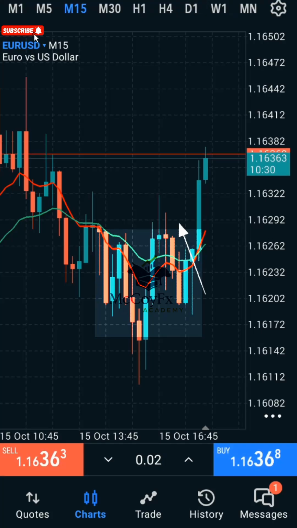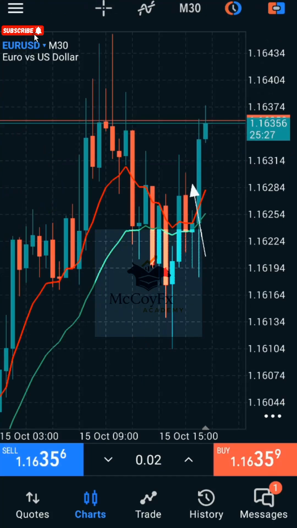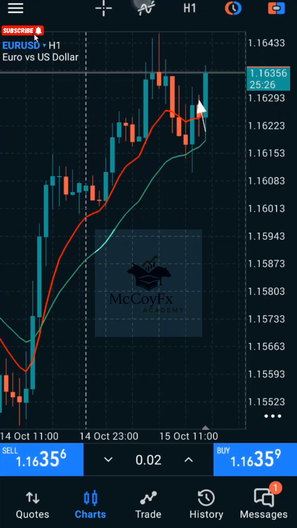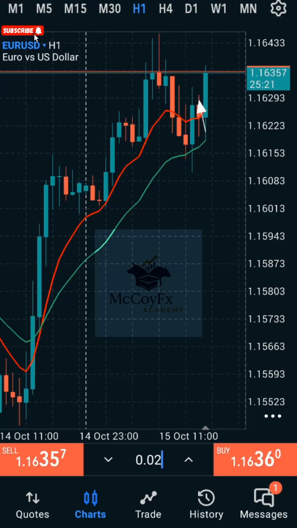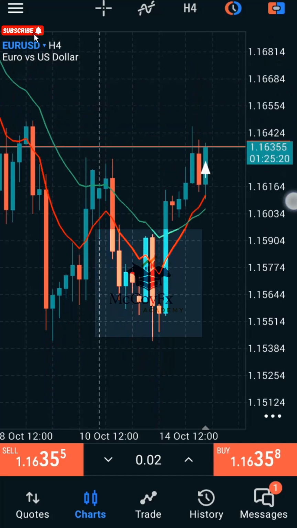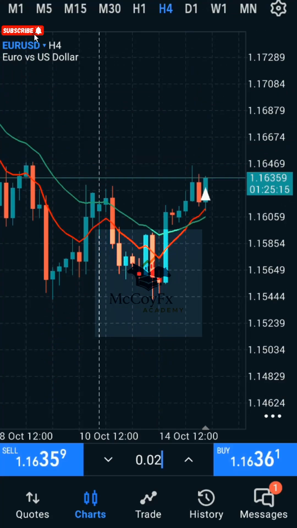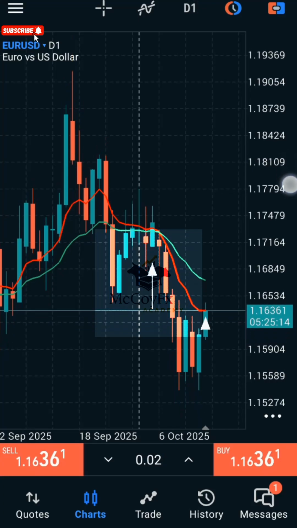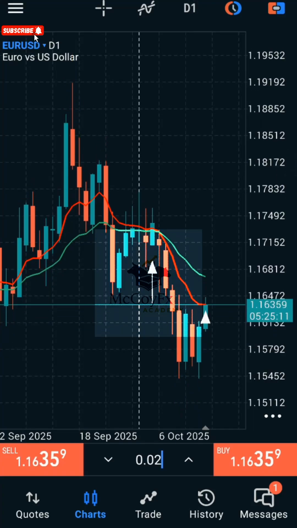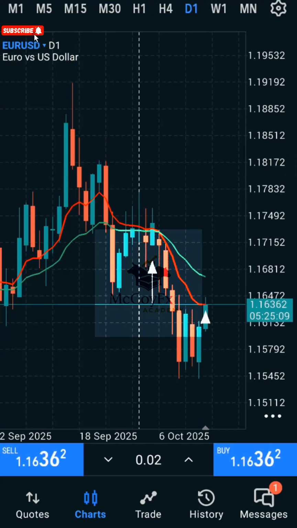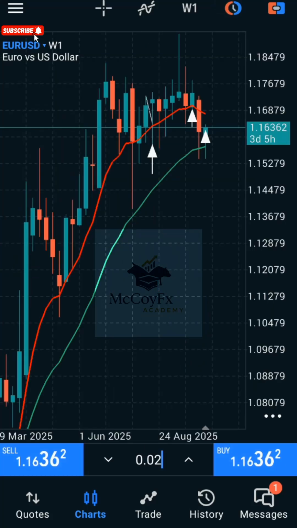Let me change it to 30. You can see it has changed from 30 to 1 hour. That one too has a different formation. From 1 hour to 4 hours, that one too is having a different formation. From 4 hours to daily, you can see it's also having a different formation here. From daily to weekly, the same thing.